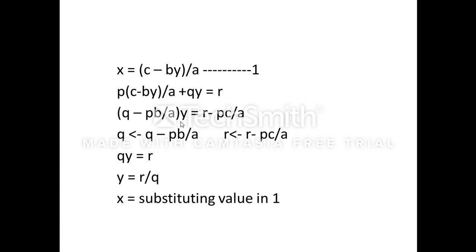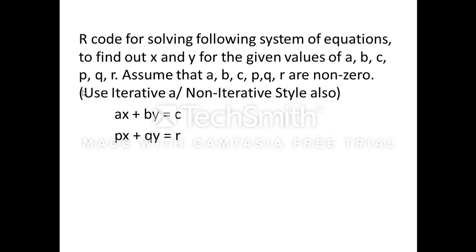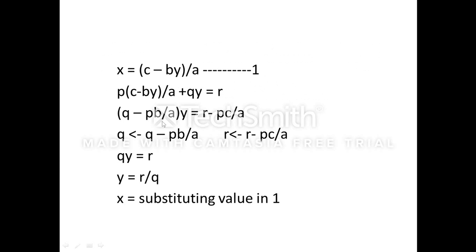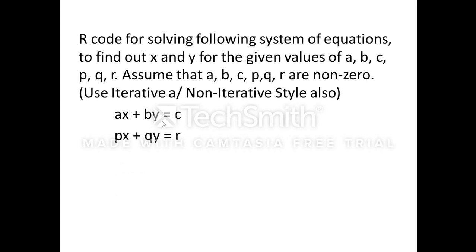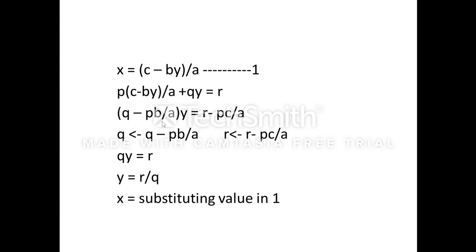So we can solve it like this. We can derive the value of x from equation 1. It could be (c minus by) divided by a. Then in equation 2 we can put the value of x and derive the value of y, like p times (c minus by) divided by a plus qy equals r.